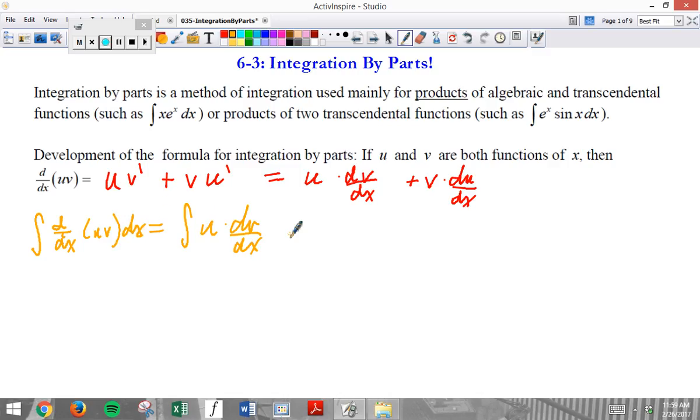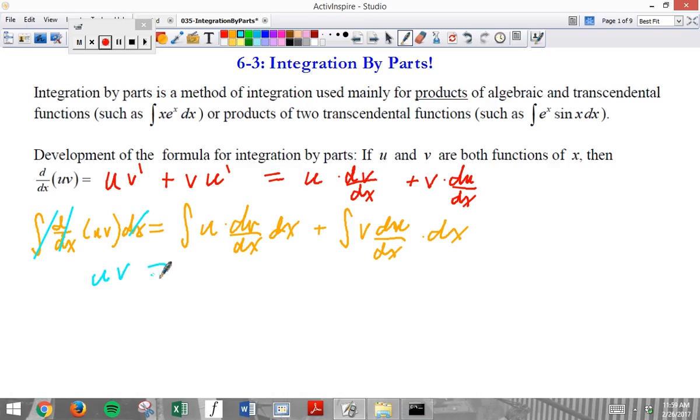Take it by dx, I'm sorry. So u, and after some quick simplification, this is an integral of a derivative. Integral of a derivative kind of cancel each other out. And we just have uv.